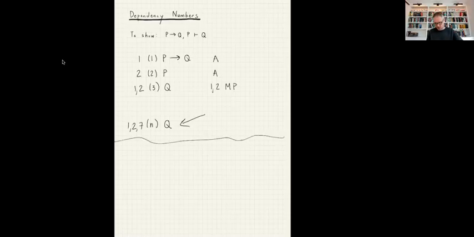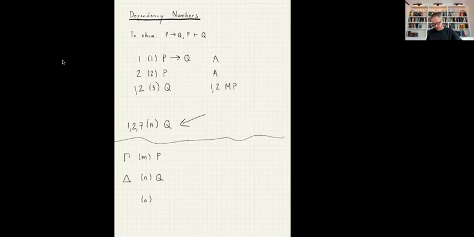Suppose that P occurred on line M, and Q occurs on line N. Now suppose that P doesn't just depend on M, but on some big collection of numbers. I'll write a Greek letter here, gamma. So suppose that P depends on a possibly long list of things, and Q depends on another possibly long list of things, delta.